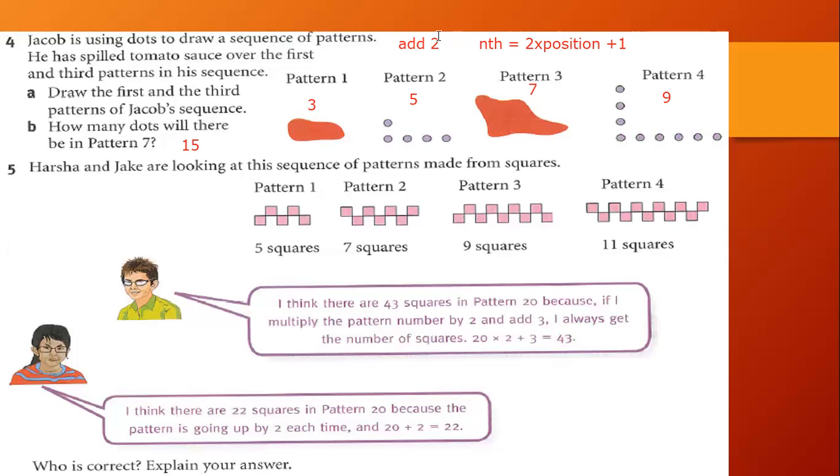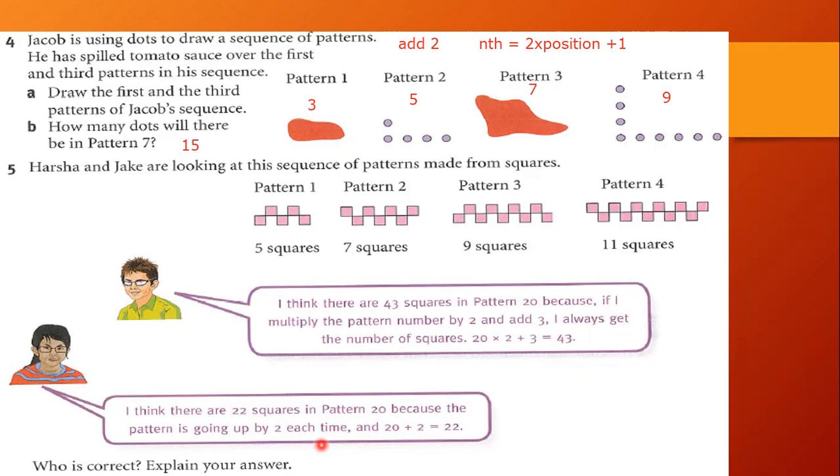Now Jack said, I think there are 43 squares in pattern 20, because I multiply the pattern number by 2 and add 3. I always get the number of squares, like 43. But Harsha said, I think there are 22 squares in the 20th pattern, because the pattern is going up by 2 each time. So 20 plus 2 is equal to 22.